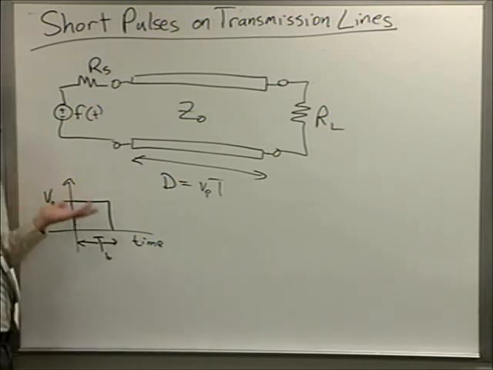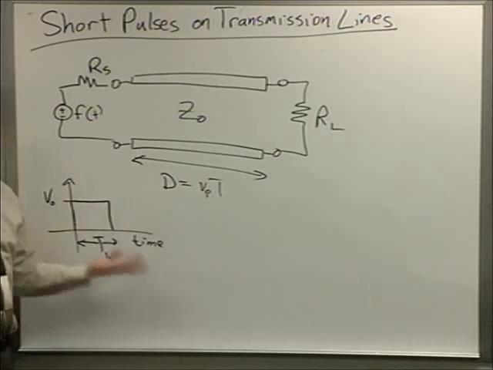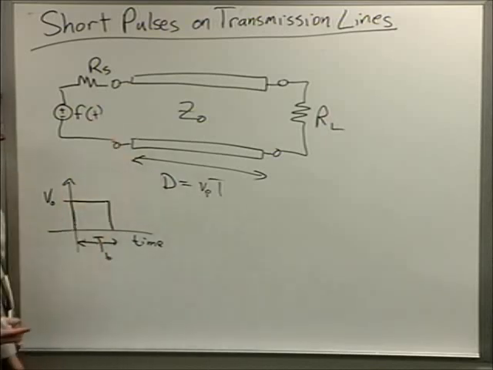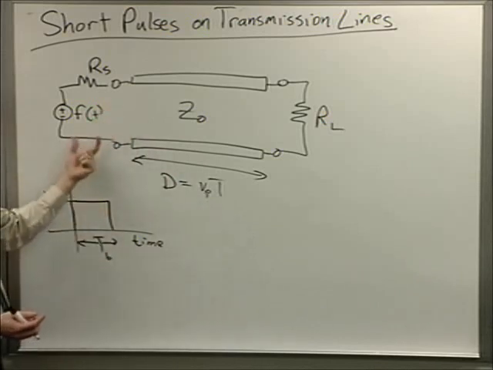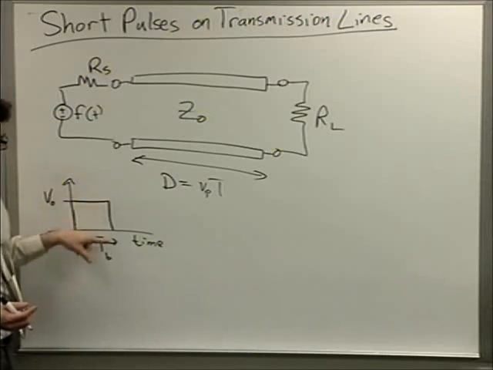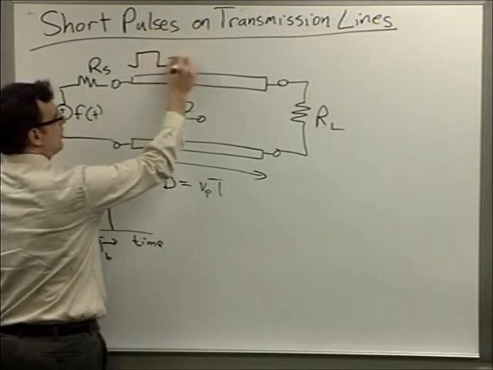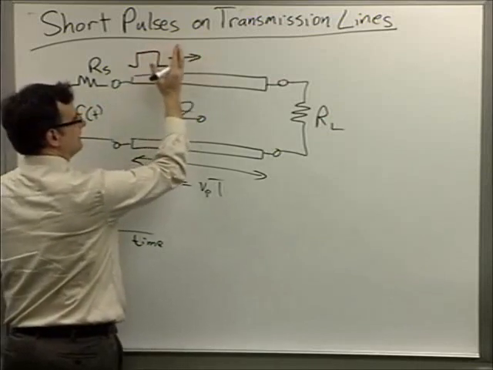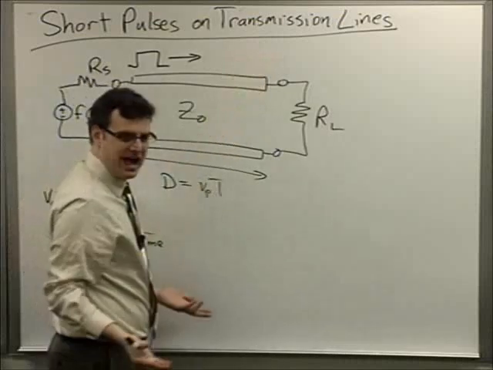I don't even really need to draw equations for this, do I? You know exactly how this thing is going to travel on this transmission line. As soon as the switch closes and we generate this waveform, that pulse is going to move down with constant velocity. It's going to get to the end, and what's going to happen?